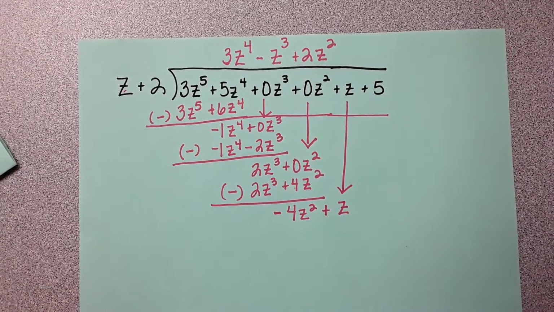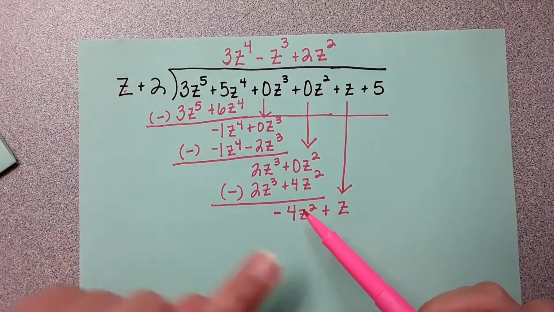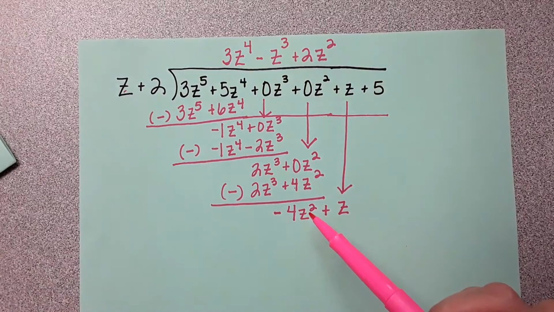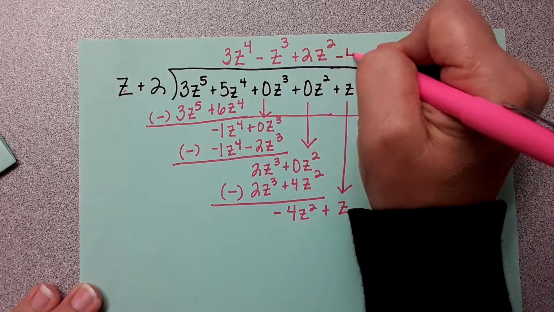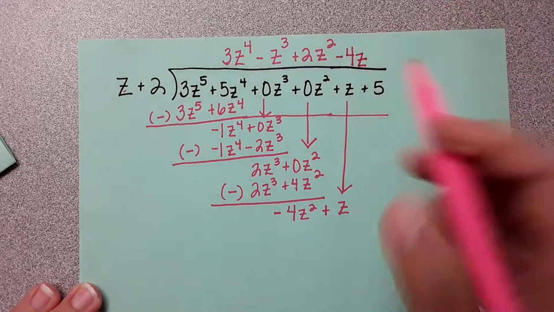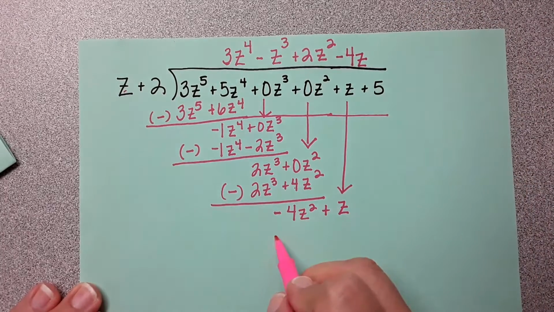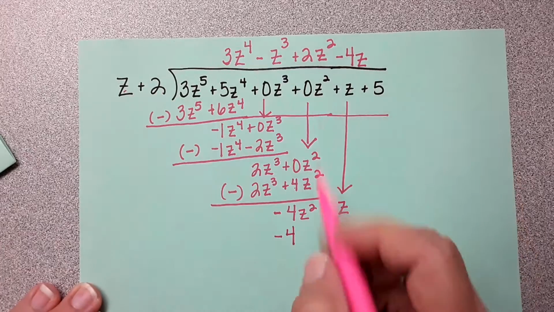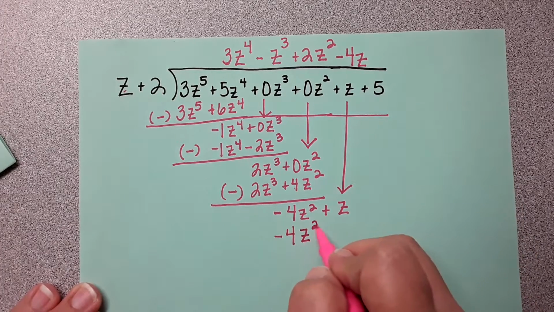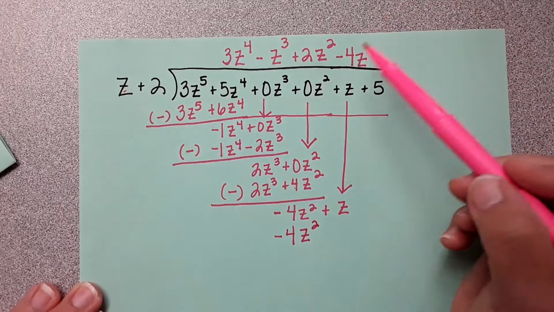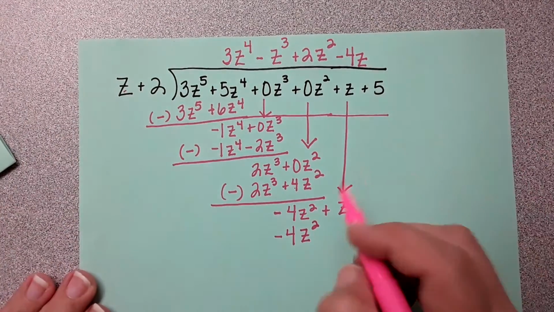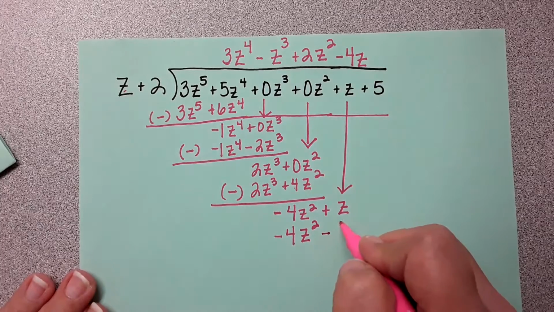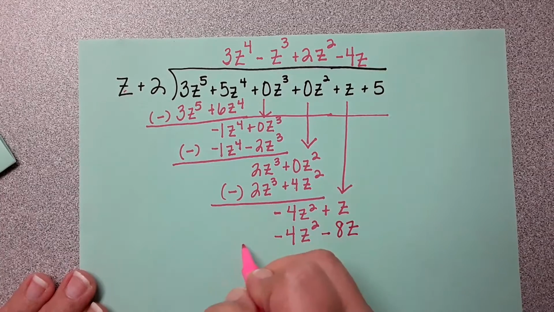What times z will give me negative 4z? Negative 4z, because negative 4 times z gives me that negative 4, and z times z gives me that z squared. And then I have to multiply again. Negative 4z times 2 is negative 8z, and we subtract.